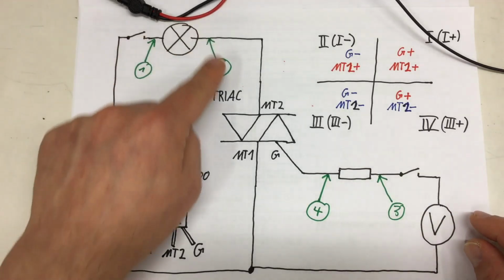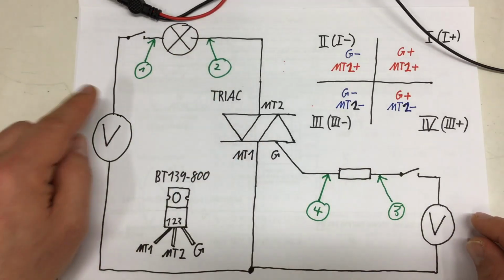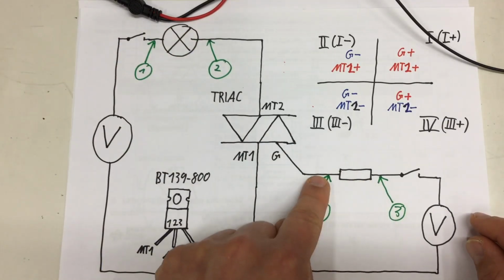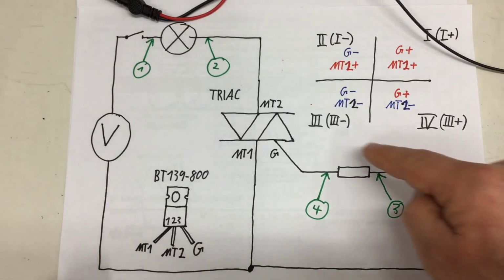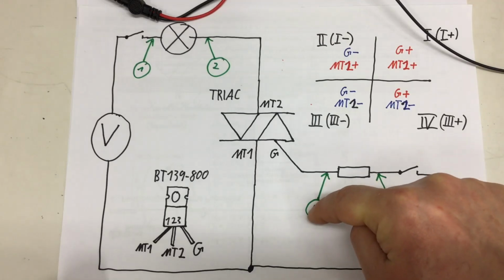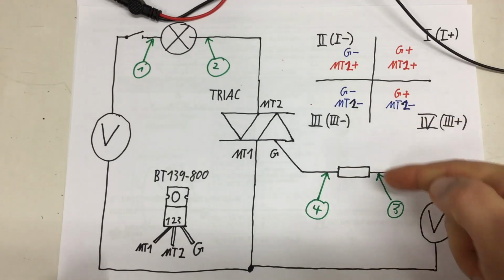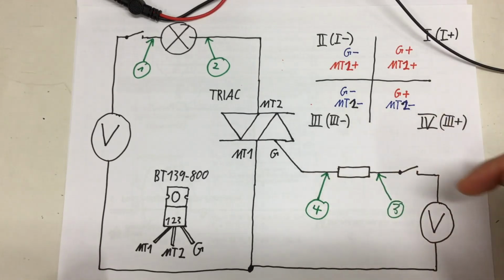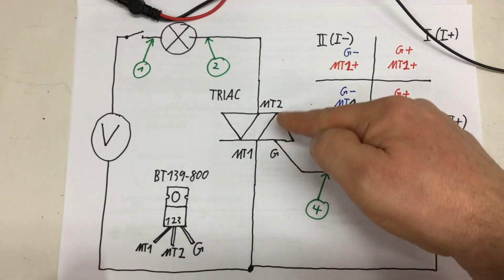And I connected my channels 1 to 4 here, here, here, and here. Currently, I'm also calculating the difference between channel 3 and 4, which of course gives me the voltage drop across that resistor and therefore the gate current.